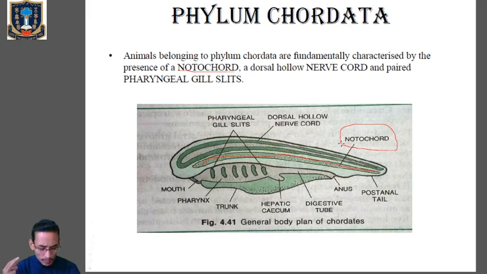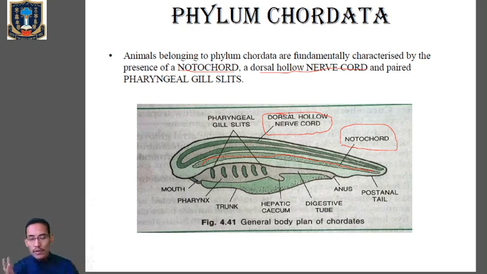The second important feature is the presence of a dorsal hollow nerve cord, which is mainly differentiated into brain and spinal cord. So the first feature was the presence of notochord, and the second important feature is the presence of dorsal hollow nerve cord, and this will differentiate usually into the brain and spinal cord.